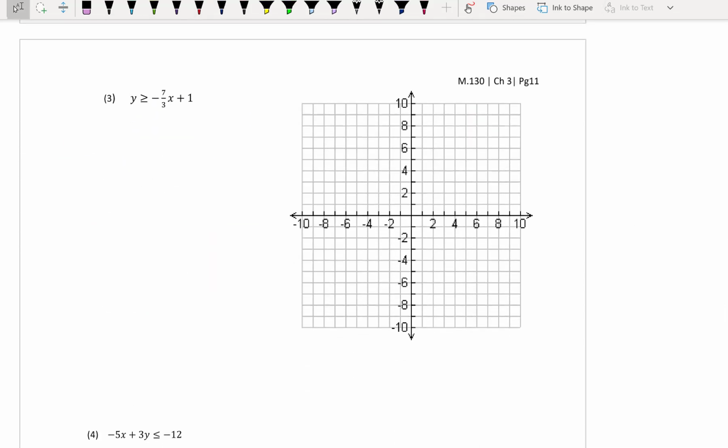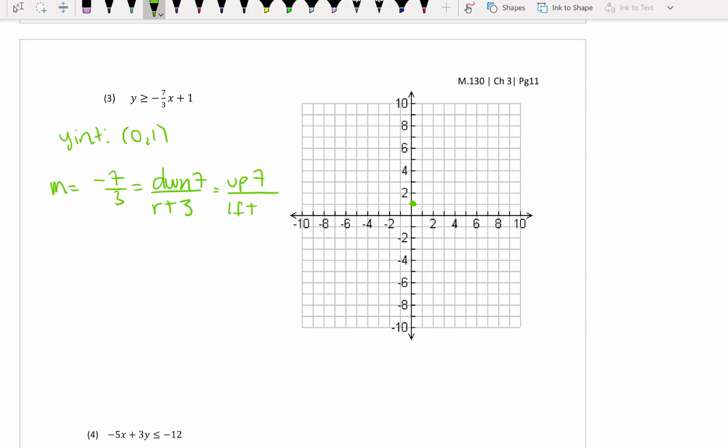Now let's look at number 3. For number 3, I have my y-intercept at 0, 1. My slope is a negative 7 over 3, so I'm going to go down 7 and to the right 3, or up 7 and to the left 3. So here, again, this inequality is greater than or equal to, so it's solid.